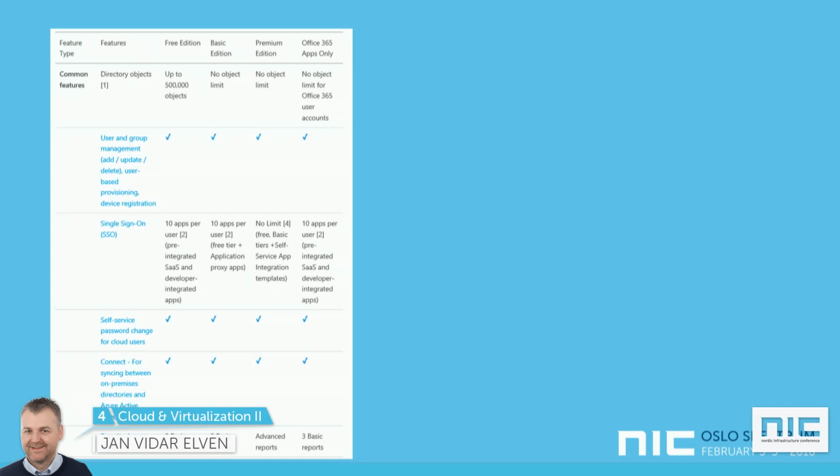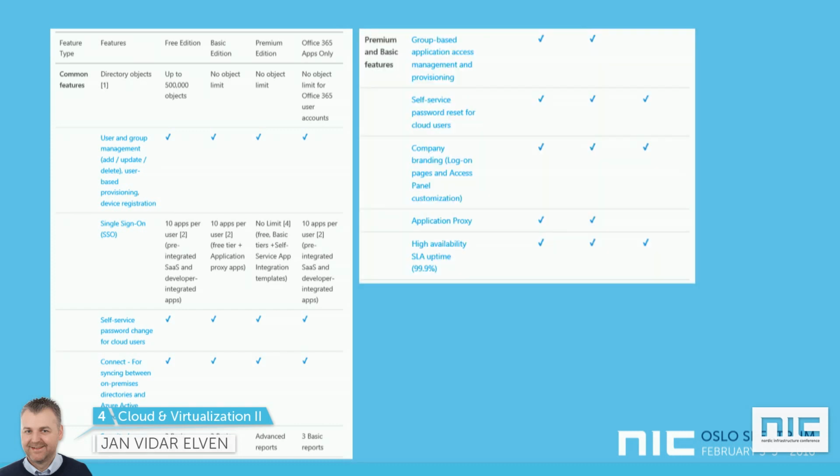And everybody can run Azure AD Connect. There are some limitations on the reporting side. Only premium can have a lot of advanced reports. If I add the premium and basic features, these are features that you pay for. Then you can use groups for application access and provisioning.